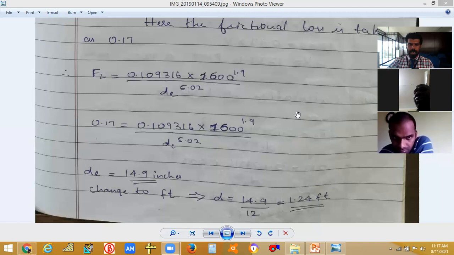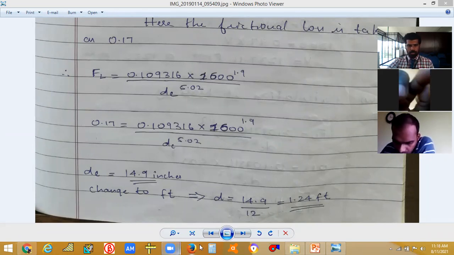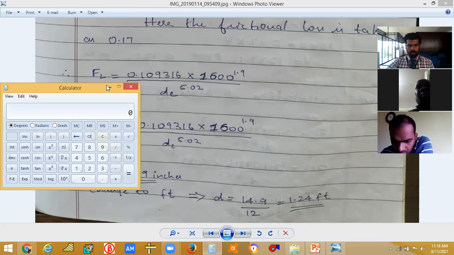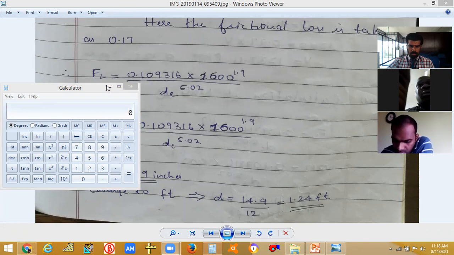What does Kirti say? What is the diameter that you get? Just see what if you are taking root of 5.02.